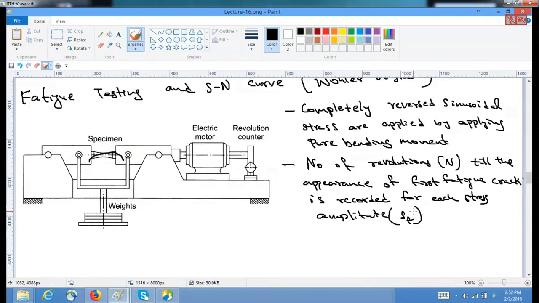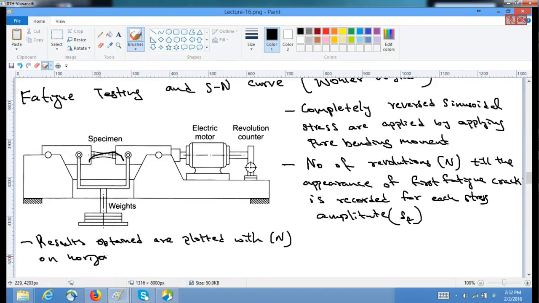So the results obtained are plotted with N on the horizontal axis and the stress amplitude at the first failure, or first appearance of crack, on the vertical axis.